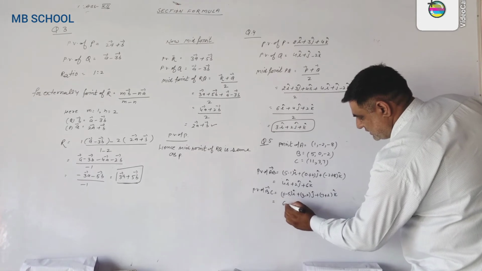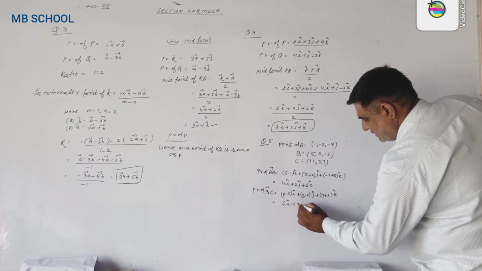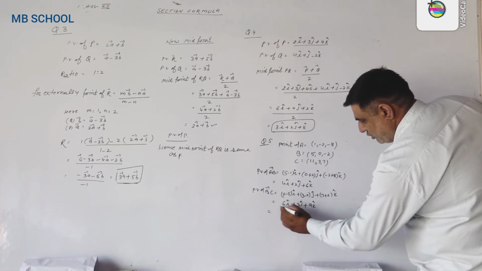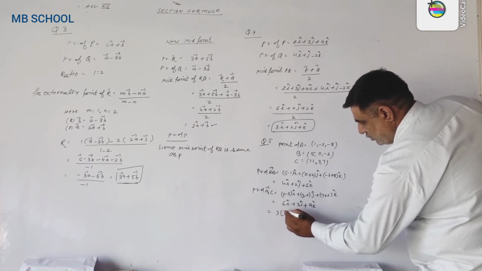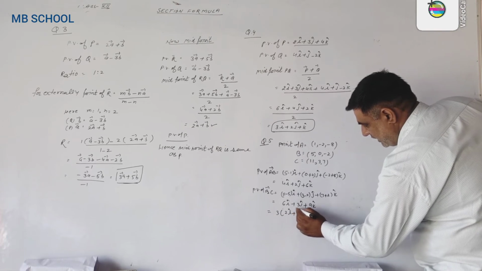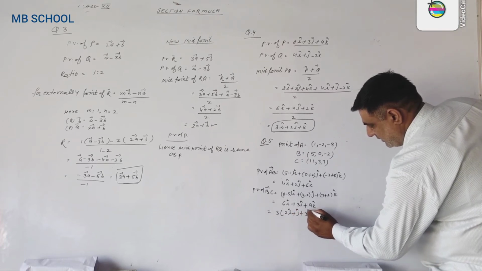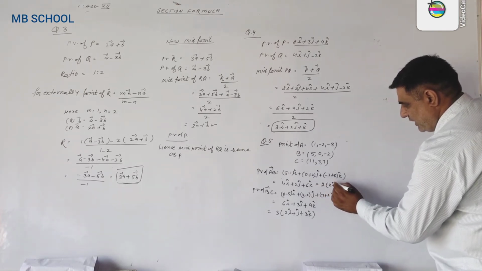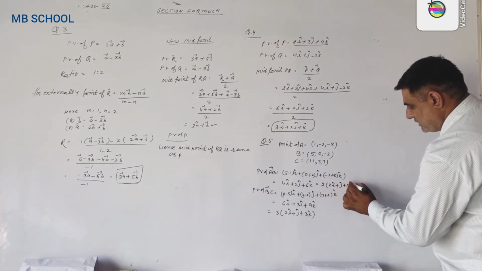This is 6i plus 3j plus 9k. If we take 3 common out from this, we get 2i plus j plus 3k. And from AB, if we take 2 common out, we get 2i plus j plus 3k.